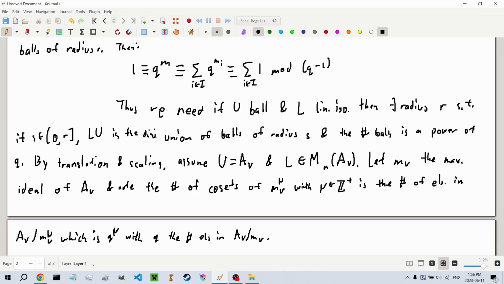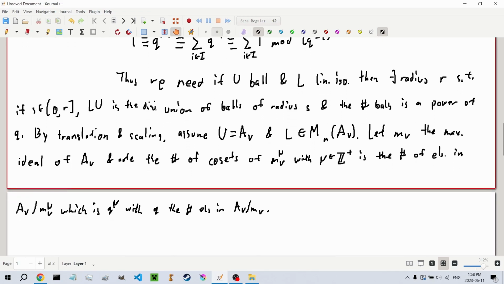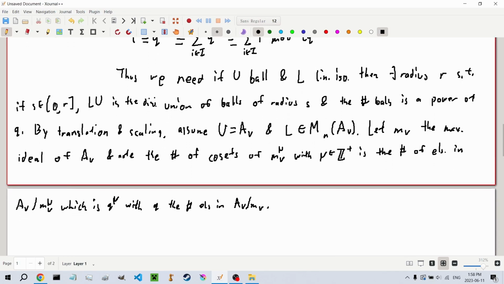Okay, and then you have to give me 1 second here. We know this radius r we need is going to exist by a previous lemma. We have such an r by previous lemma.